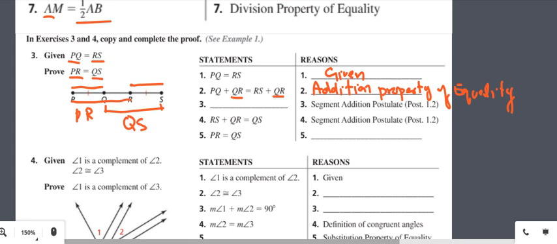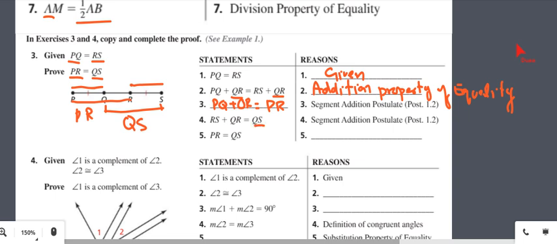PQ plus QR is PR. PQ plus QR, that is equal to PR. And similarly QR plus RS, this is QS.